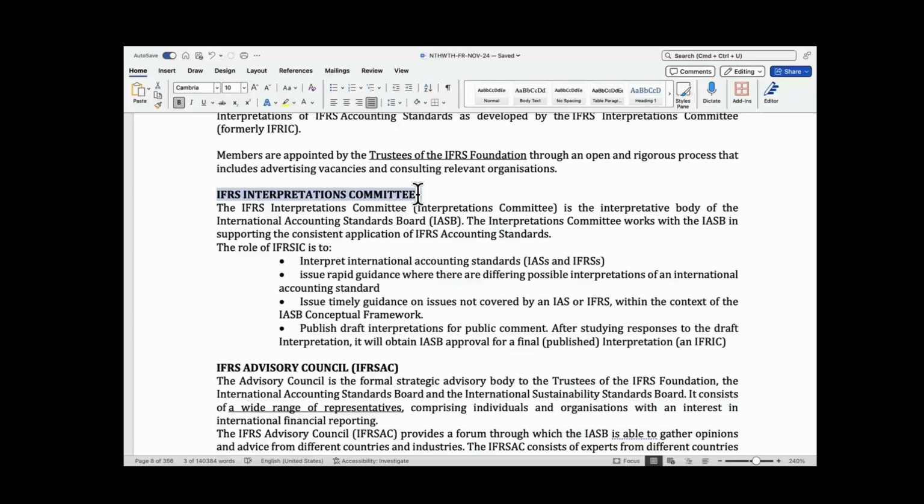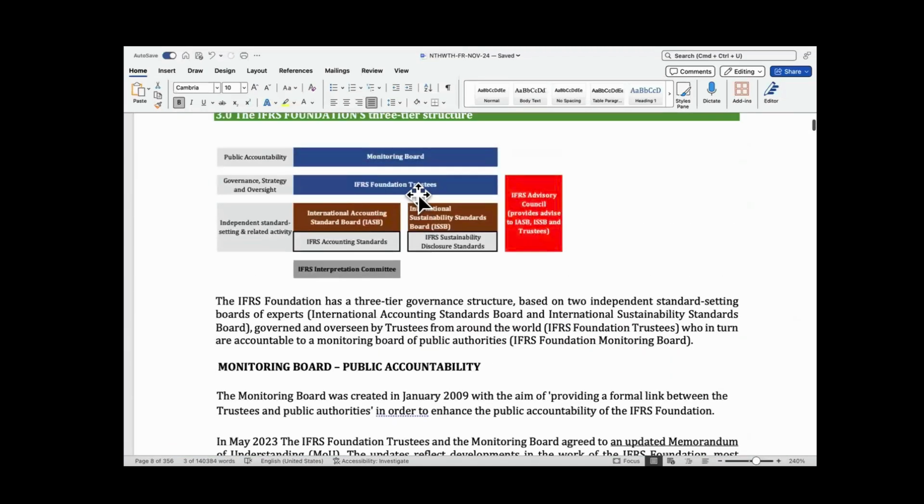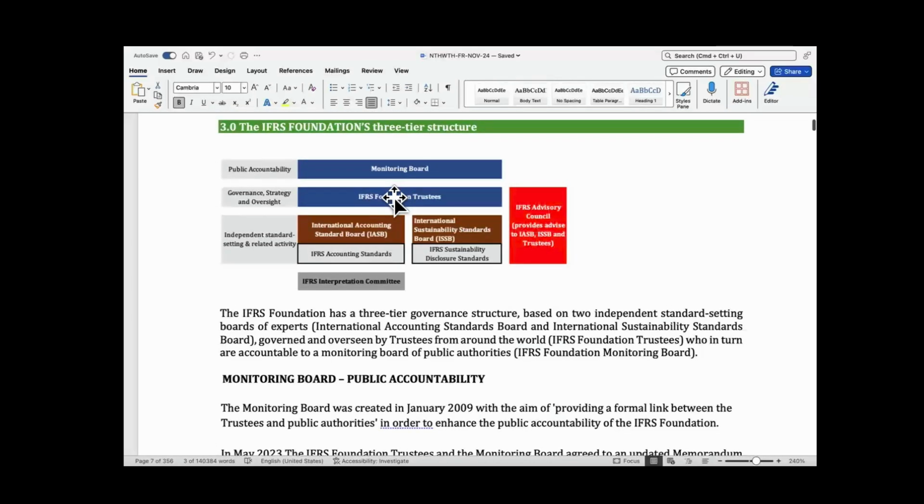And the people under them is the IFRS Interpretation Committee. If you look at this structure I have here, everything is there, from the monitoring board to the trustees. Now I'm focusing on the ISB. You see that under this ISB, there is the IFRS Interpretation Committee. Okay, so it's under them.